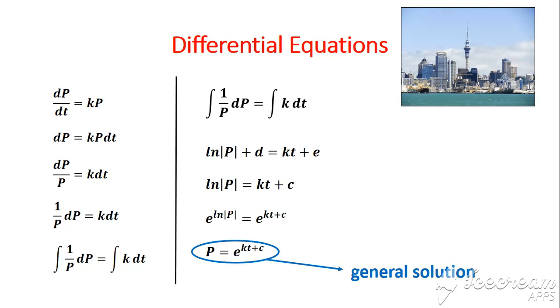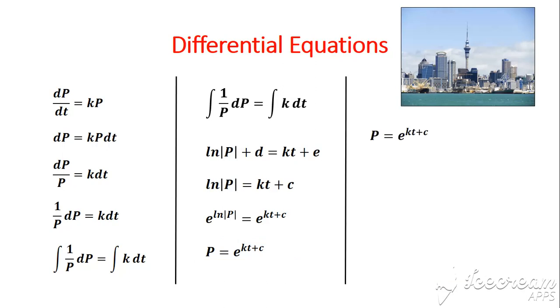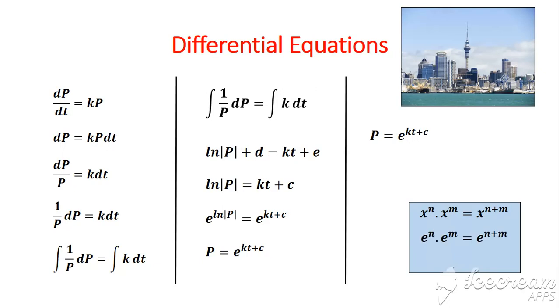So let's continue. We're going to take this general solution and write it in a slightly different way. To do that, let's go back and revise our power rules. x to the power of n times x to the power of m is the same as x to the power of n plus m. Now, it doesn't matter whether we use e as our base, it's the same power rule.